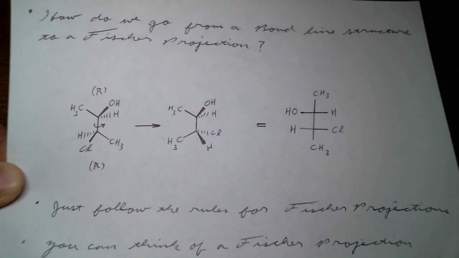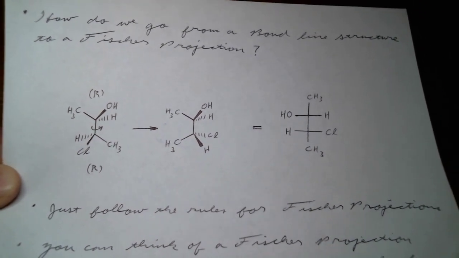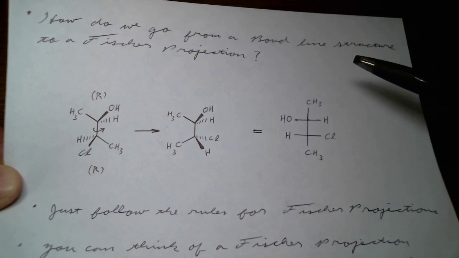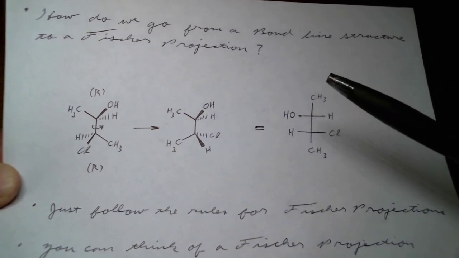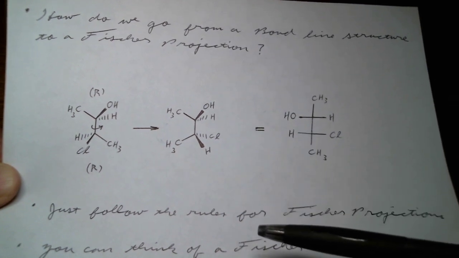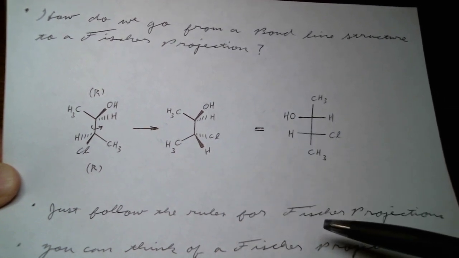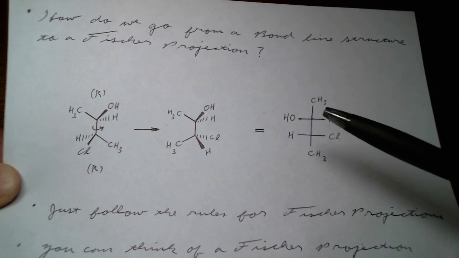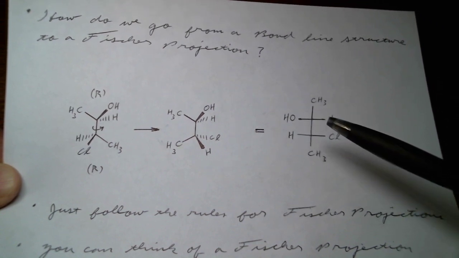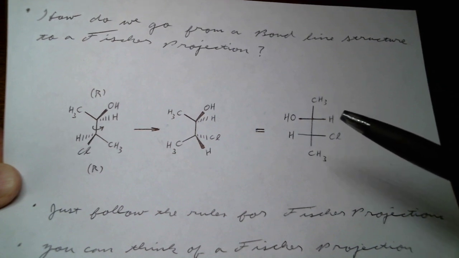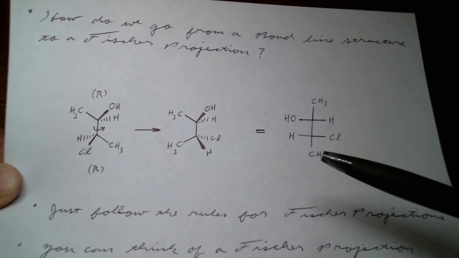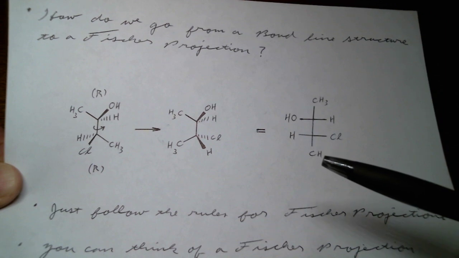We'll go ahead and start off here asking how do we go from a bond line structure to a Fisher projection? And so the answer is you've just got to follow the rules for Fisher projections. What are the rules for a Fisher projection? We know that the horizontal substituents are projected up out of the plane of the page, and the vertical substituents are projected back.